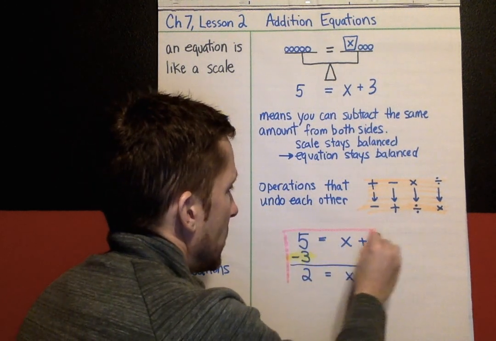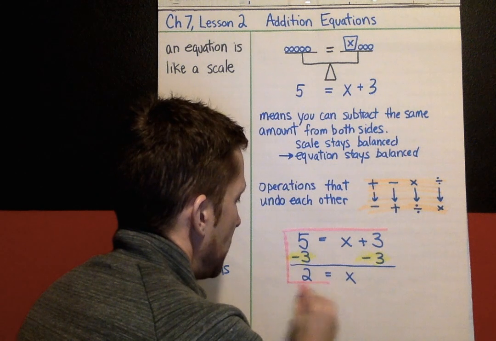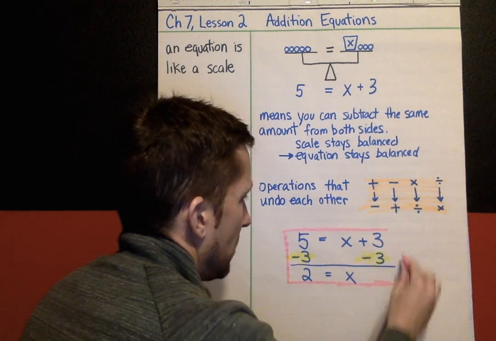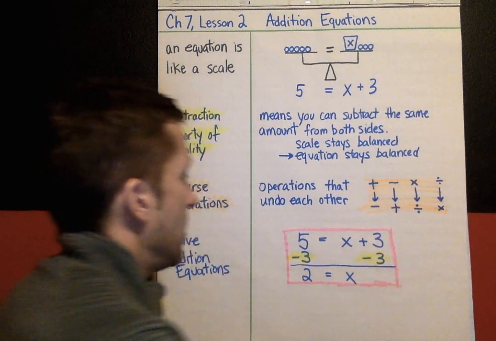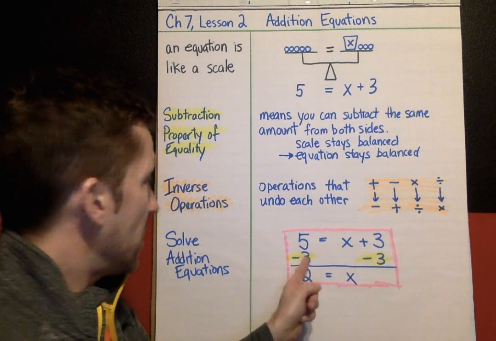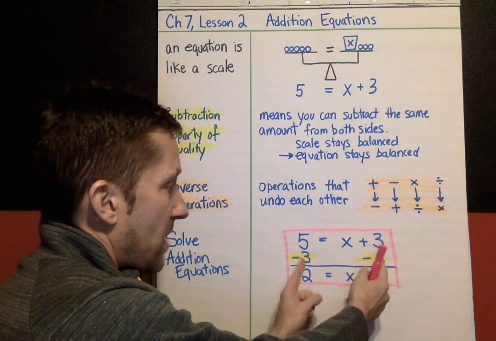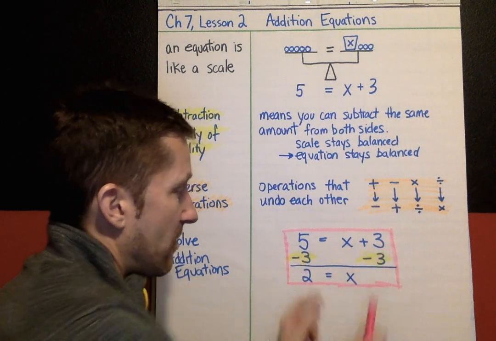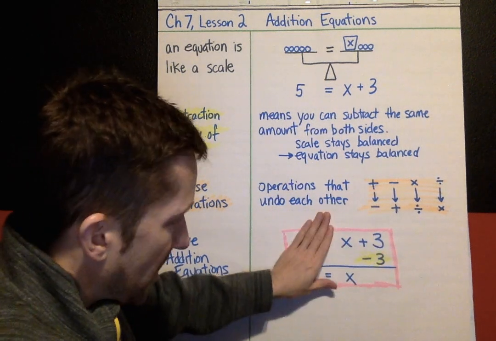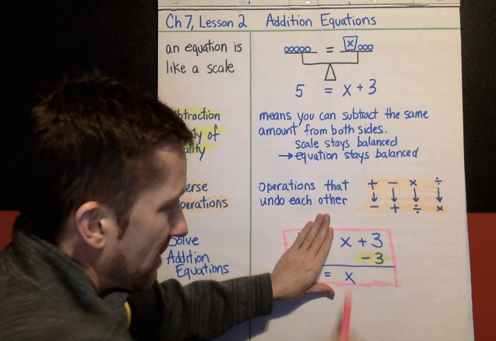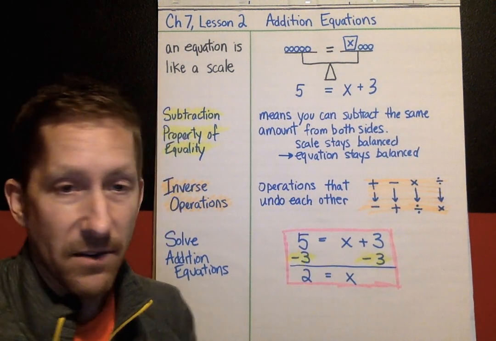Follow showing your work. Copy the equation. Show that you're using the subtraction property of equality, keeping things the same by taking away the same amount from both sides, figuring out what happens on this side, you're left with x. What happens on this side, you're left with 2.